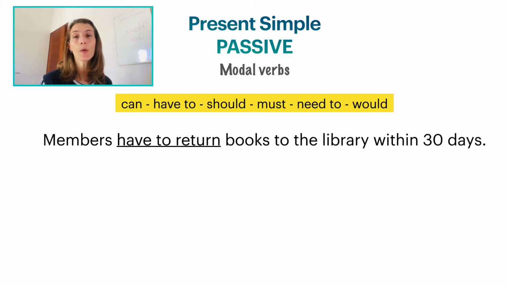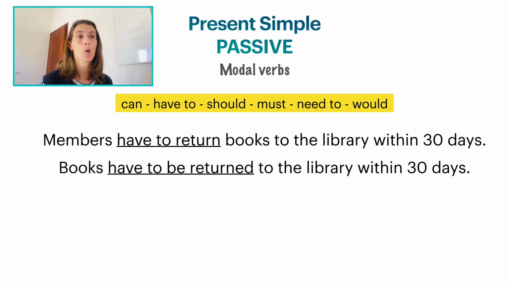Okay, so we are going to start with books. Okay, that is the object in the active sentence. So, books, ¿sí? Have to be returned to the library within 30 days. Okay, entonces acá tenemos books have to be returned.